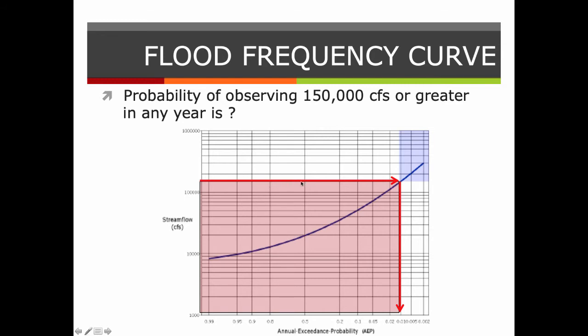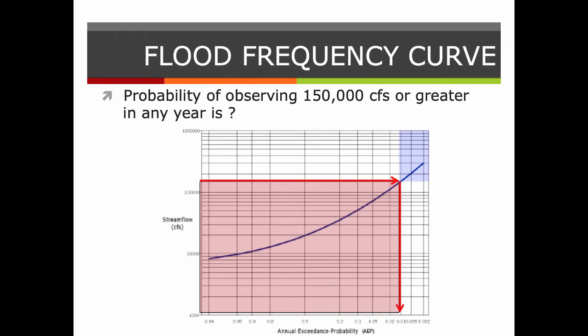We move horizontally until we intersect the flood frequency curve, and then we read down to the probability, which here is shown as 0.010, or a 1% chance of observing 150,000 CFS or greater. So it's referring to this blue region up here. There's a 99% chance that we will see flows larger than 0 and smaller than 150,000 CFS. So that's what a flood frequency curve conveys.